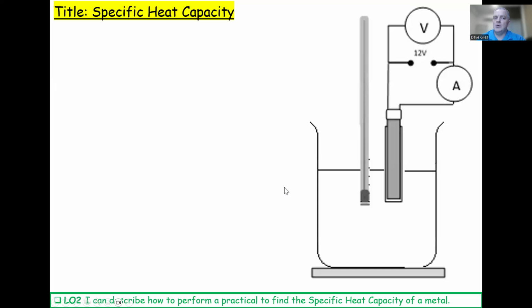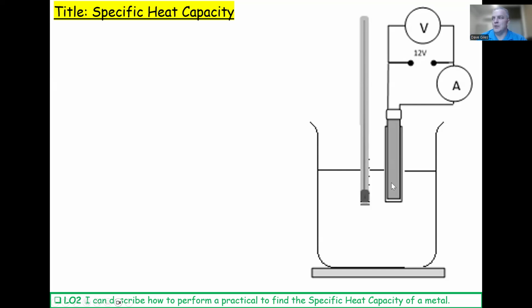So the way you would find it is by setting a circuit up that looks a little bit like this. So you've got a thermometer in a block of metal, and this here is an immersion heater inside the metal. So this metal's got a little hole drilled in, or 2 holes rather, one for the thermometer and one for the immersion heater.